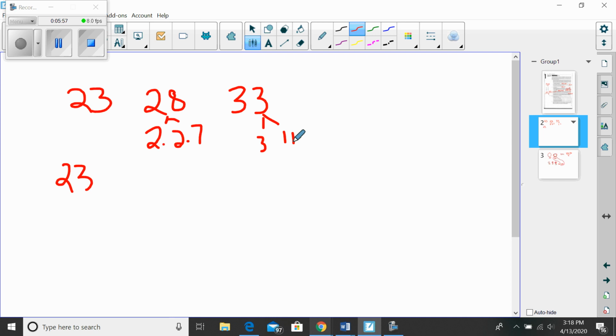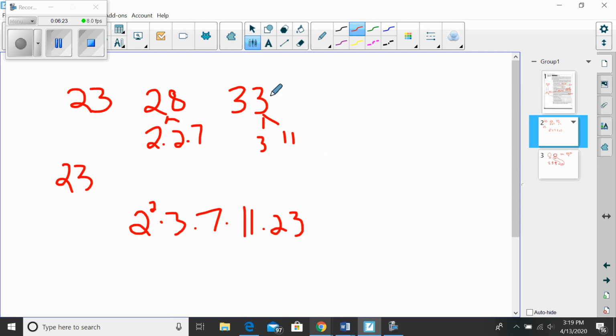All 3 of them would be considered relatively prime. So when it comes to finding an LCM, I take the highest power that each one has. That's going to be 2 squared times 3 times 7 times 11 times 23. In other words, the LCM is just the product of the 3 numbers.